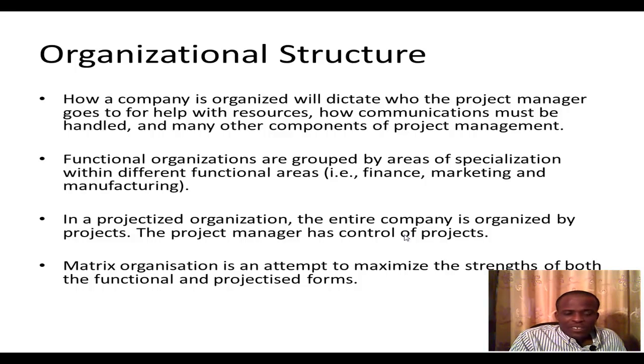For mixed organizations, we have what we call a balanced matrix. When you say balanced matrix, it means that the project manager and the functional manager have almost equal powers. Then when it tilts towards a functional organization, we say that the matrix organization is a weak matrix. And if it tilts towards the projectized organization, we say the organization is a strong matrix.